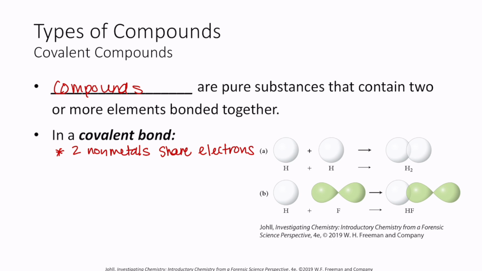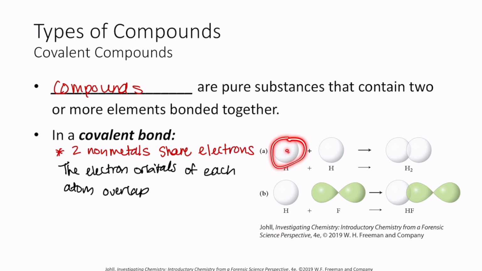Now, the electron orbitals of each atom overlap. So here are a couple of examples. We have two hydrogen atoms on their own.